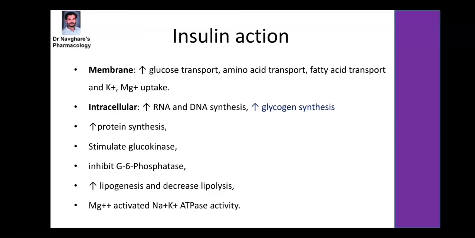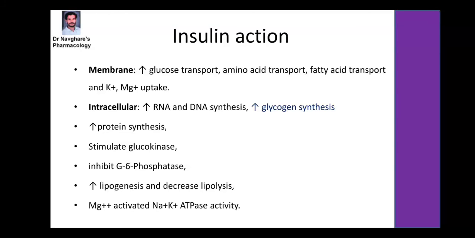So these are some insulin actions where it acts on the membrane. Insulin increases glucose transport, along with amino acid, fatty acid and certain ion transport across the membrane. Whereas intracellularly, insulin increases RNA and DNA synthesis, glycogen synthesis, then protein synthesis.